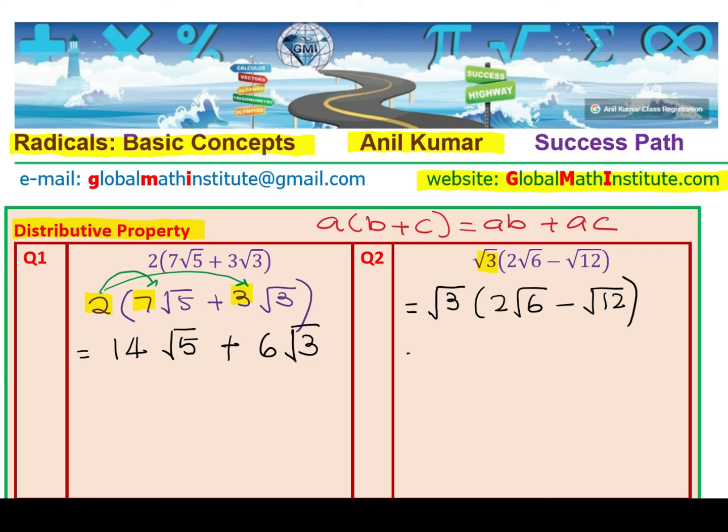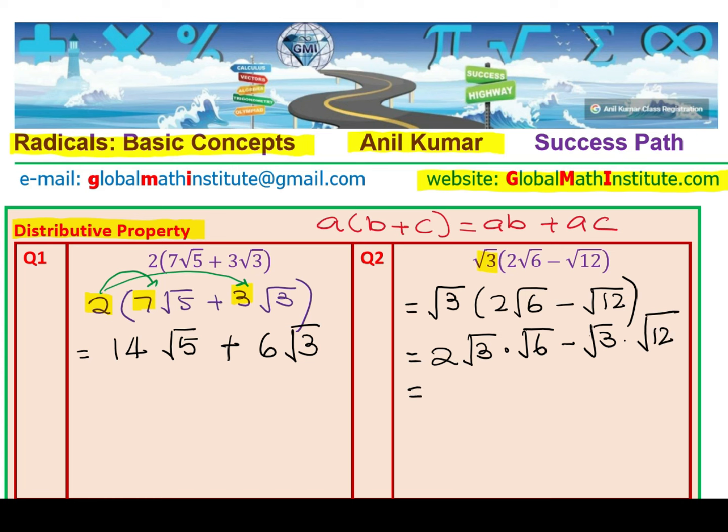So let me distribute it, and when we multiply, so 2 is the number. It is good practice to write the numbers first and then the radicals. So we have square root of 3 times, so this dot means times. So I'm rewriting this. Minus, here we have square root of 3 times square root of 12.